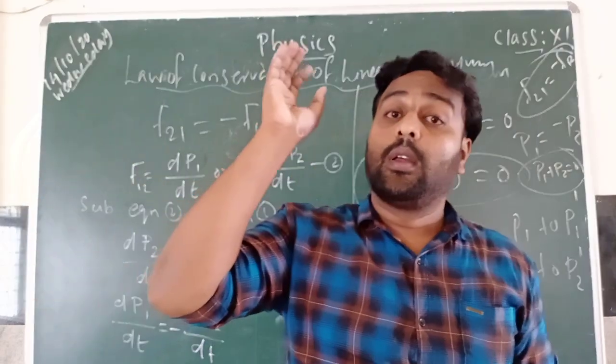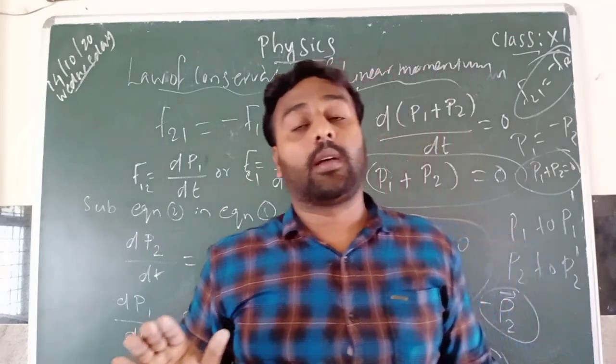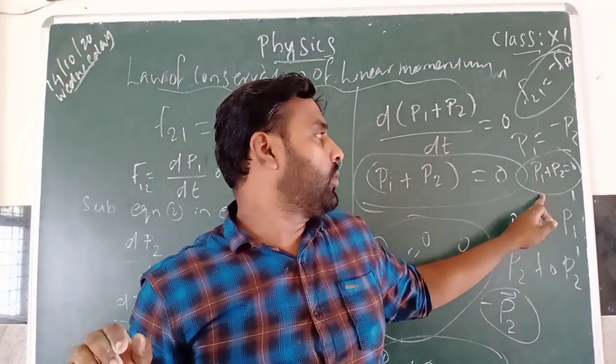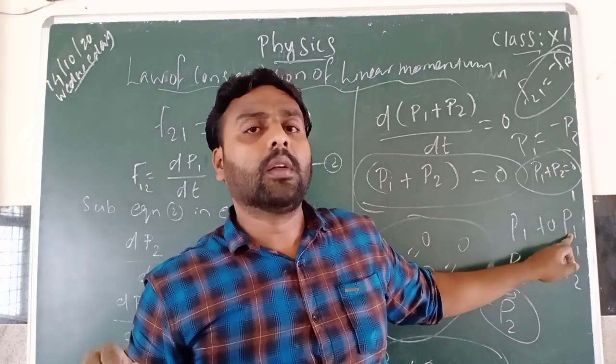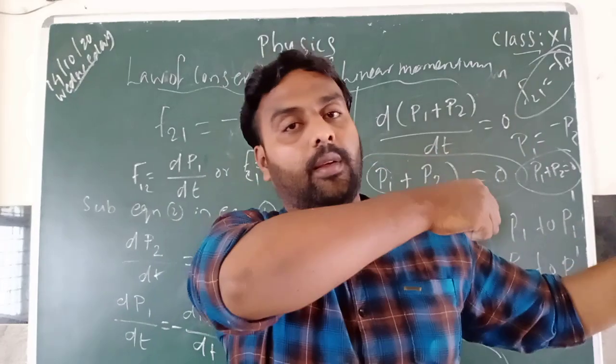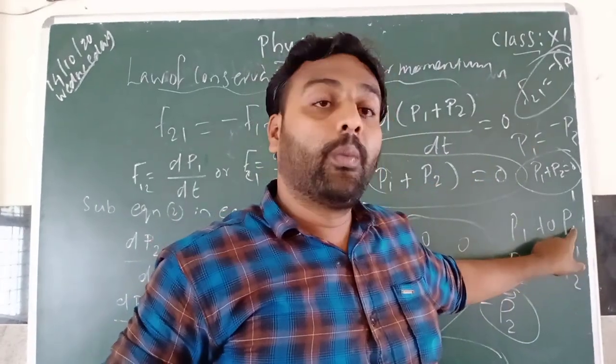Now once the gun is fired, what will happen? Now the linear momentum changes. When the gun is fired, it moves forward. That means the momentum changes from P1 to P1 dash.